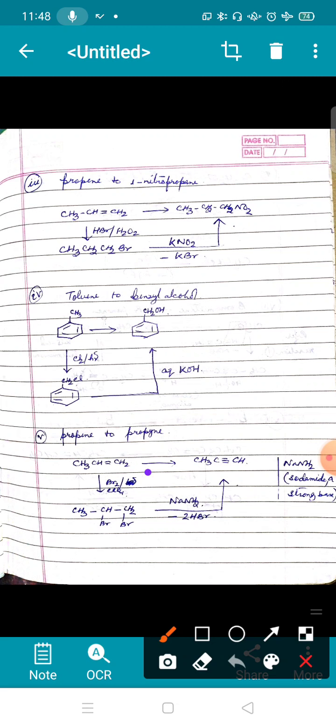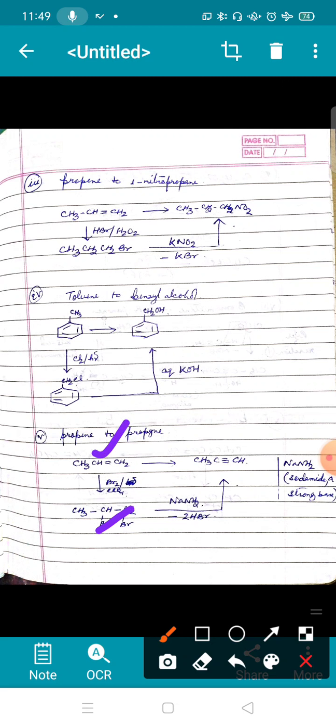So what we do? We first add bromine in CCl4 as we have done before. So we get 1,2-dibromopropane. Now since I need a triple bond, we need 2 pi bonds here. Now how do we get 2 pi bonds? If I use alcoholic KOH, I will be able to remove only one HBr and we'll get a double bond.